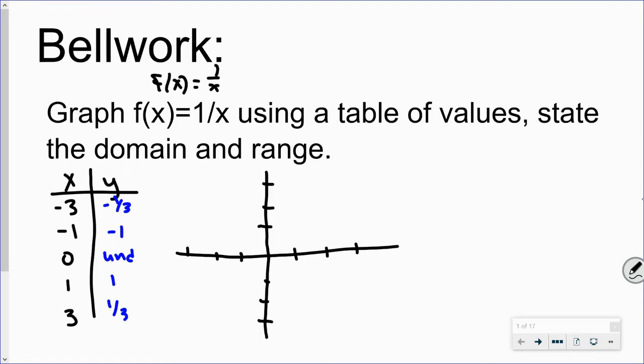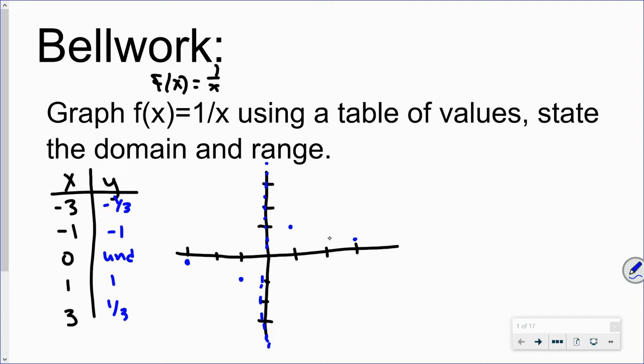At -3, we're at -1/3. At -1, we're at -1. At 0, we're undefined, which means we're not anywhere, and we're going to find out today that actually makes what we call a vertical asymptote. And at 1, 1, and then at 3, 1/3.